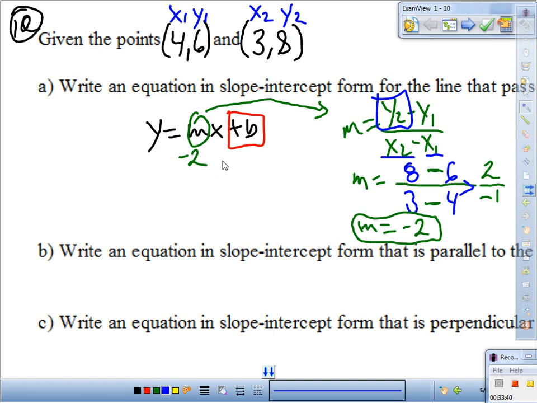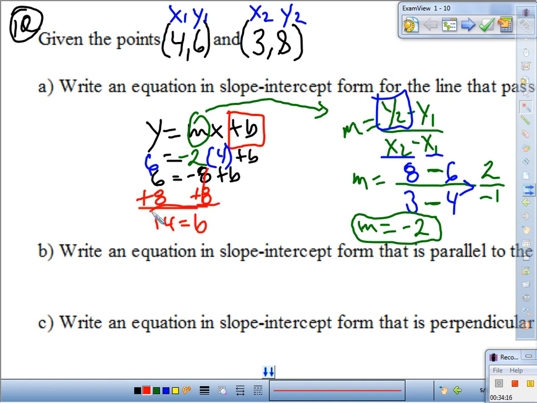So we substitute 4 for the x and 6 for the y. We solve for b, so this is 6 equals negative 8 plus b. So therefore, plus 8, plus 8, 14 equals b. So my equation in slope-intercept form is y equals negative 2x plus 14.